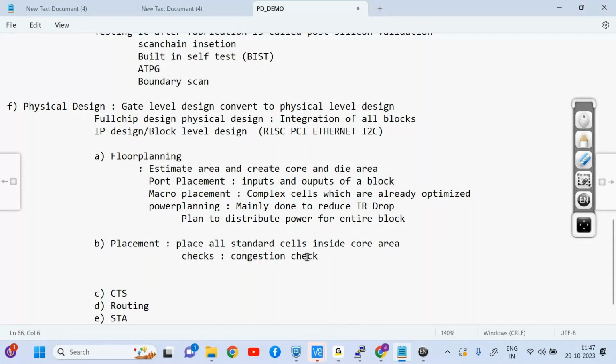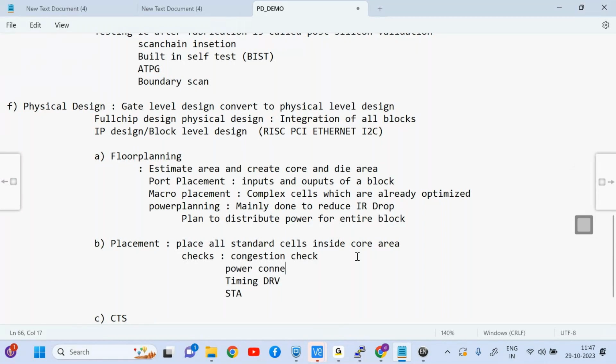So we do timing DRV. We do static timing analysis, STA. All these checks we do, and we even do the power connectivity check, which means whether all the standard cells are getting VDD and VSS power or not.